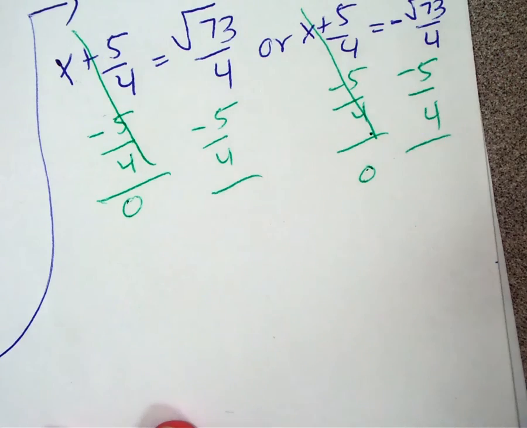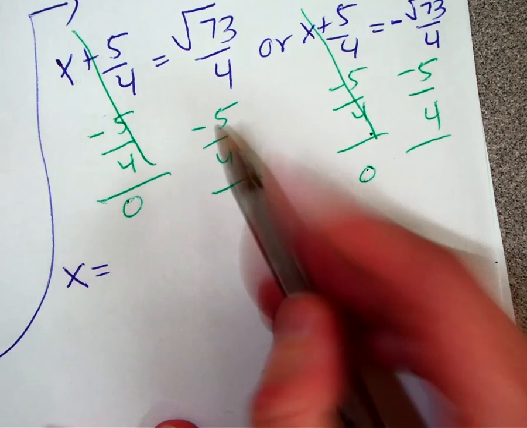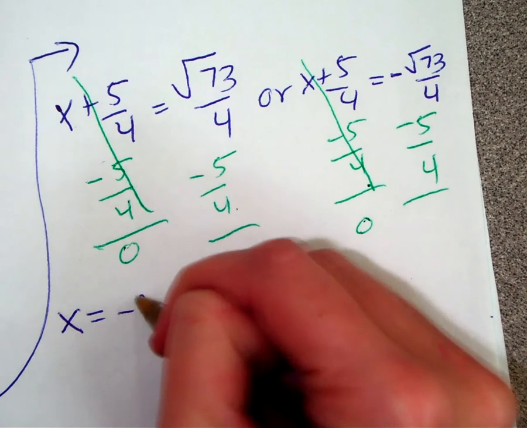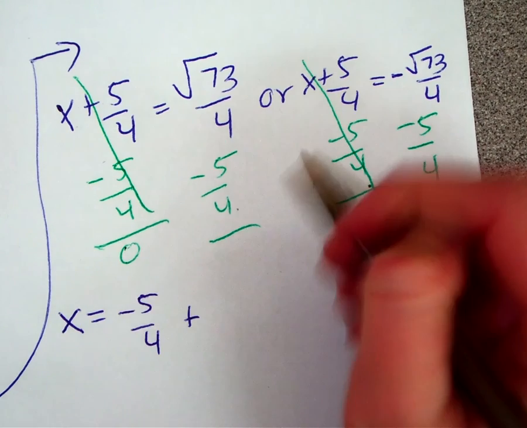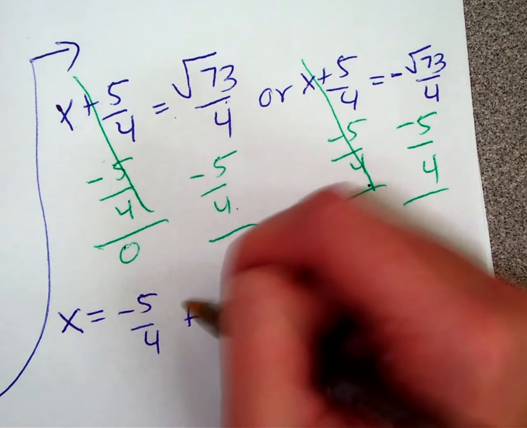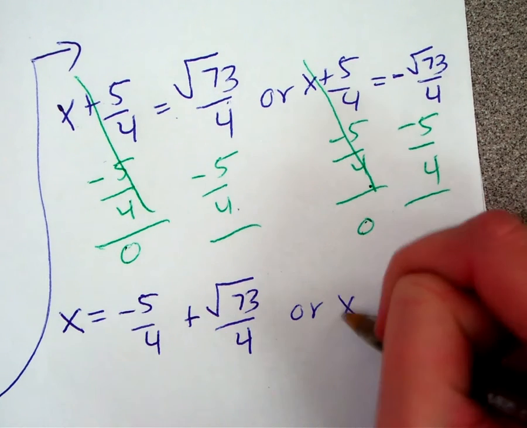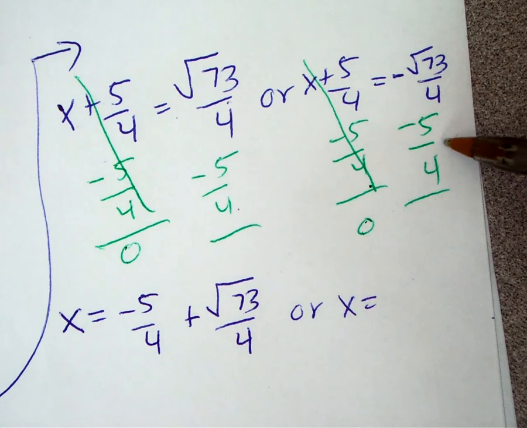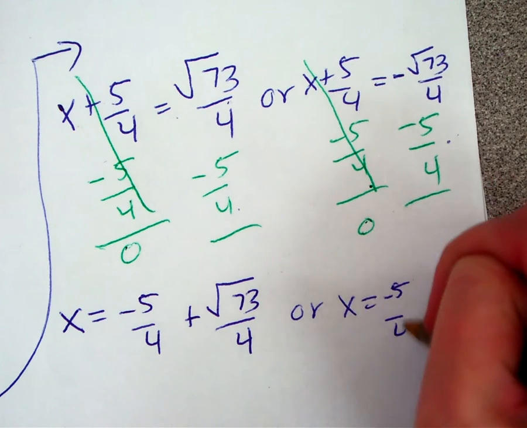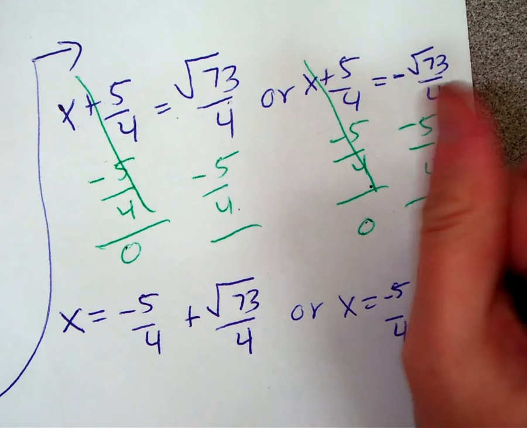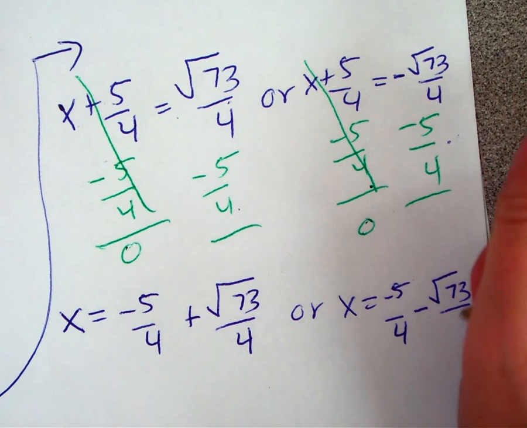Okay, so I'm going to say x equals negative 5/4 plus, since it's positive, I'm going to write plus root 73 over 4, or x equals, again, negative 5 over 4. This time it's negative, so I'm going to write minus root 73 over 4.